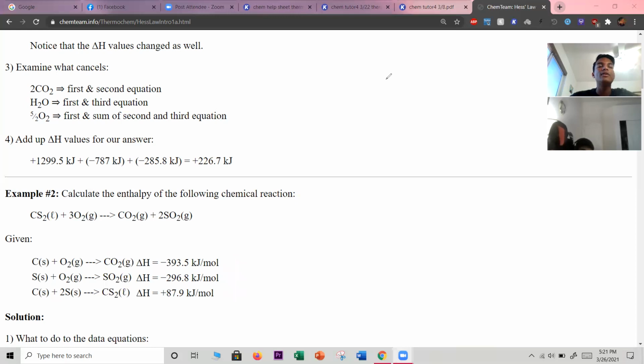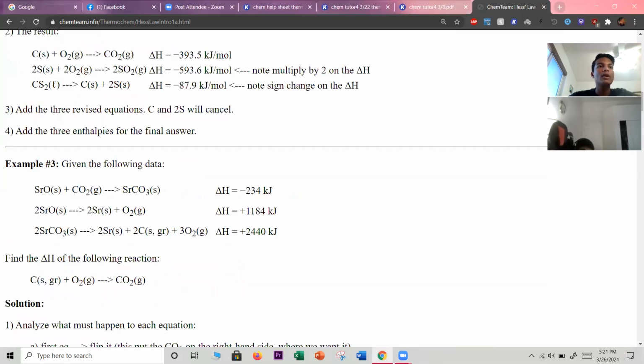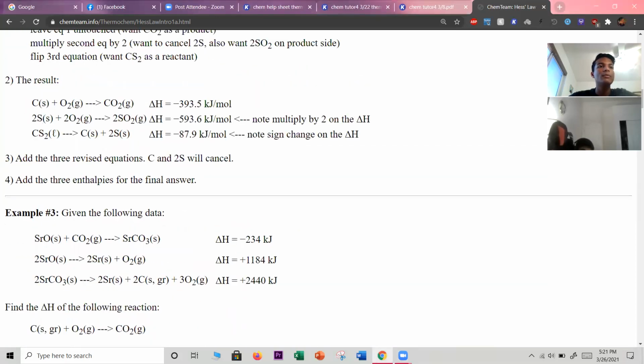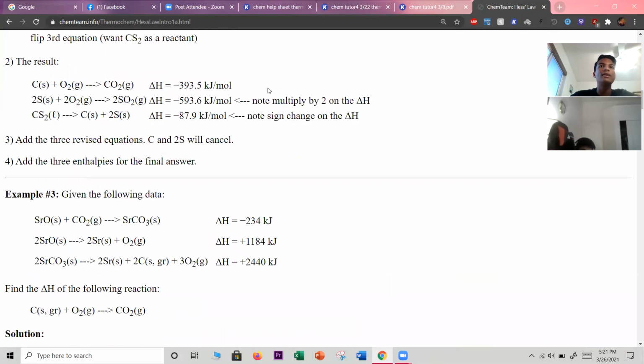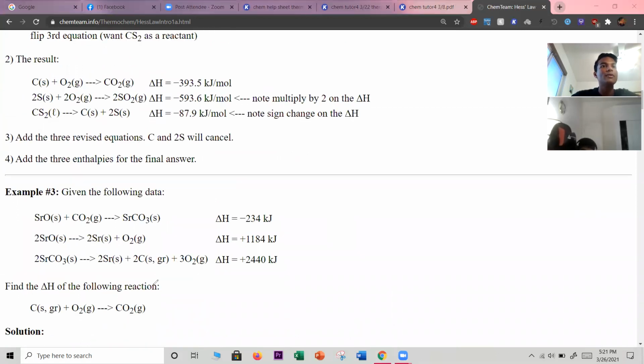I think number 3 gets harder. So calculate. They tell you the reaction at the bottom that you need to calculate. So again, what's unique?